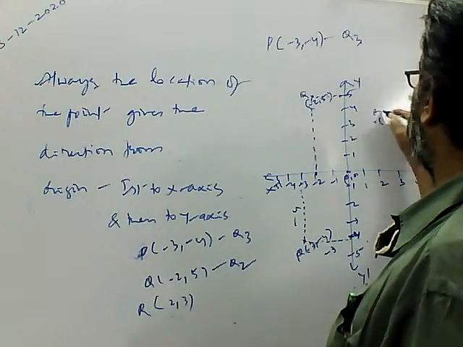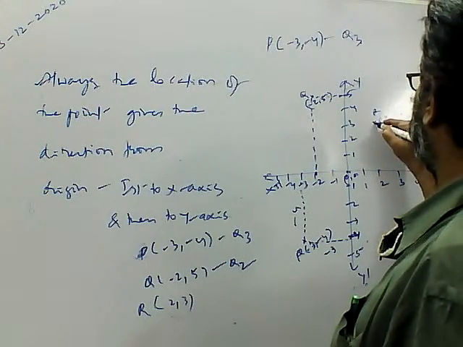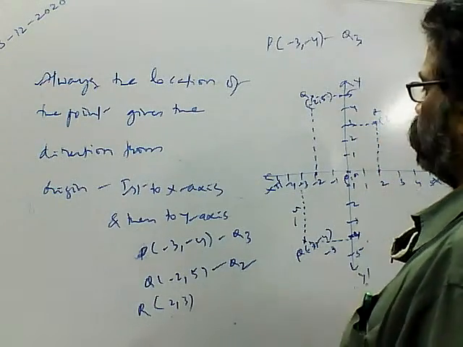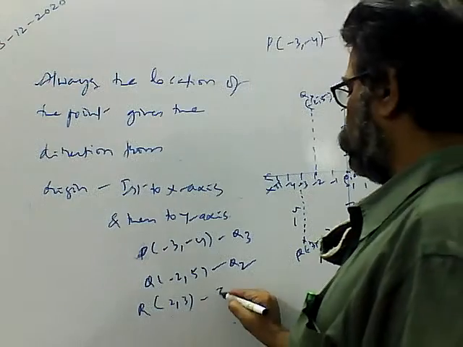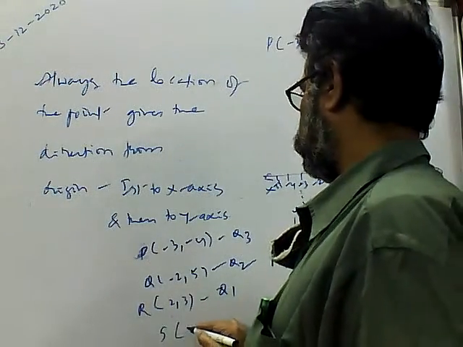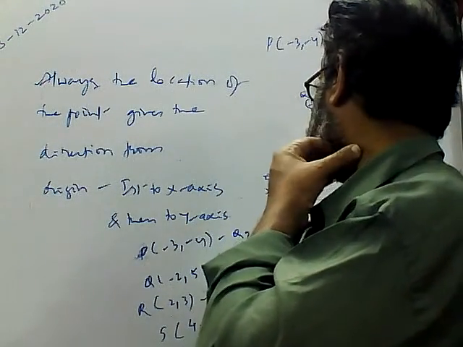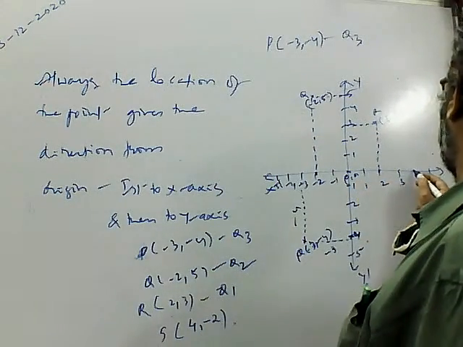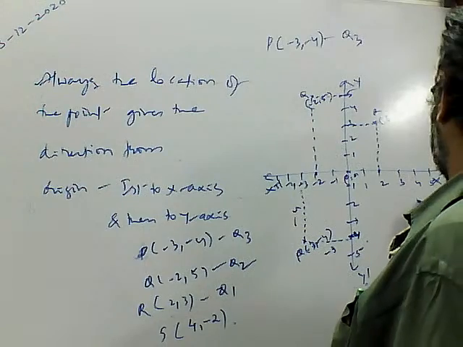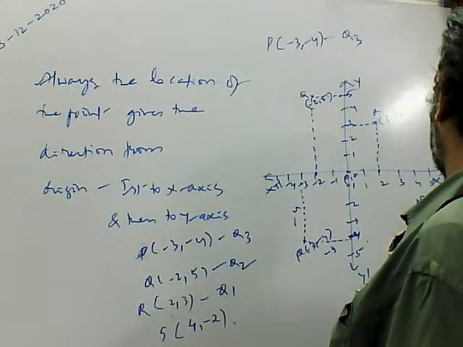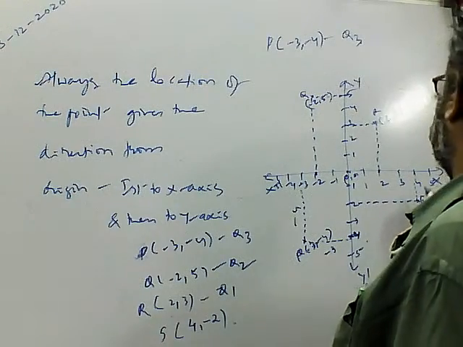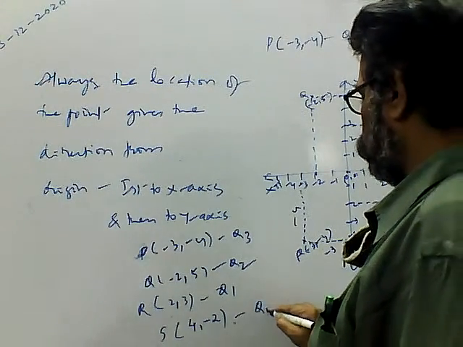This is R, 2 comma 3, in Q1. Then 4 comma minus 2. Go to 4 first, 0, 1, 2, 3, 4, and minus 2, come down. 4 comma minus 2, this is in Q4.